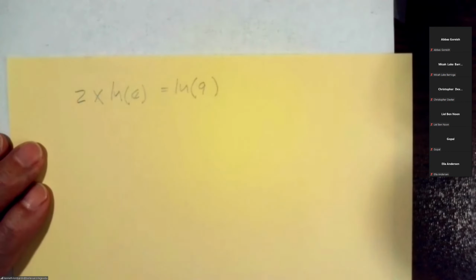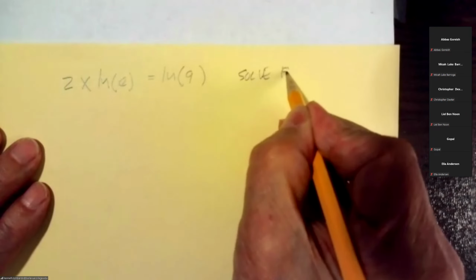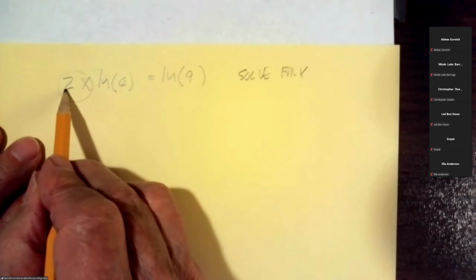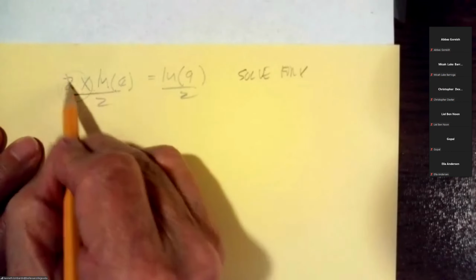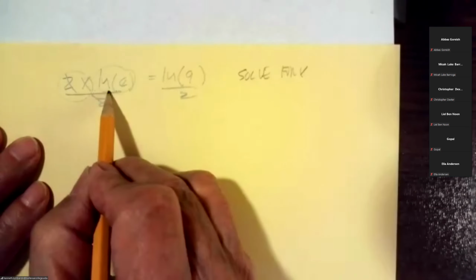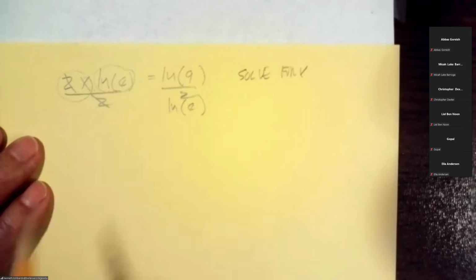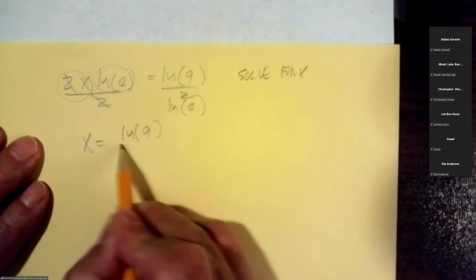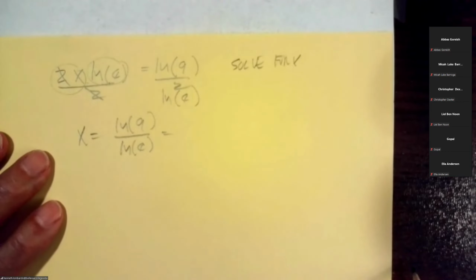That was the original equation we were trying to solve, and we were solving for x. So we said, I can divide through by 2, those will cancel, and I can divide through by ln e. So now I've got x equals ln of 9 divided by ln of e. And I have to simplify.